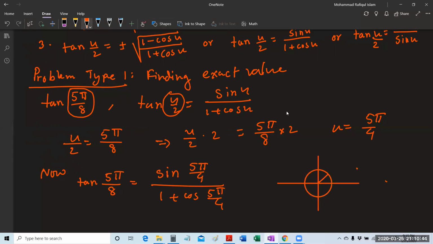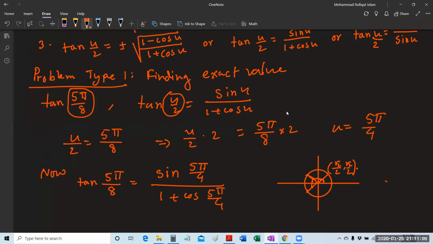So if this is the first pi over 4, I mean 1 pi over 4, 2 pi over 4, if I take another line here, 3 pi by 4, 4 pi over 4, and 5 pi over 4. So it's in the third quadrant. The coordinate here is root 2 over 2, comma, root 2 over 2.